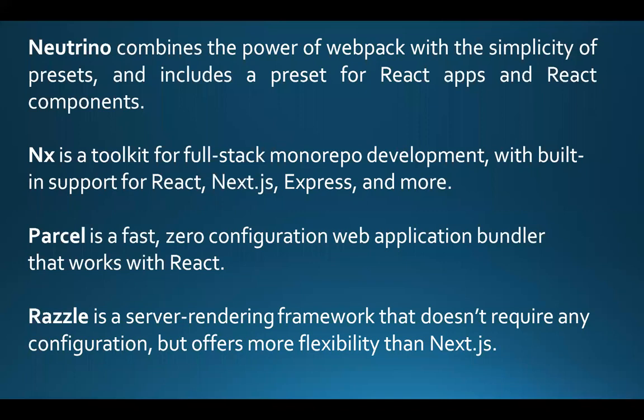I will explain these options in detail. We have Parcel, we have Razzle. That means in real-time projects, React is used in combination with so many frameworks and libraries. A React learner should have an awareness of these frameworks also, because they are used in various projects, right?